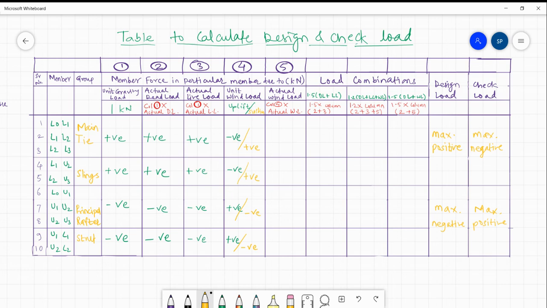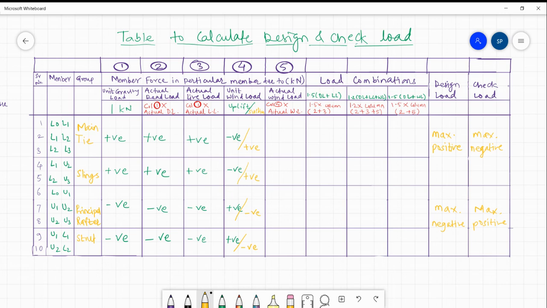Uplift pressure leads to stress reversal. Whereas if CPE minus CPI appears to be positive, it will be subjected to suction pressure. Arrows of load should be towards the roof truss, and the members will not be subjected to stress reversal.